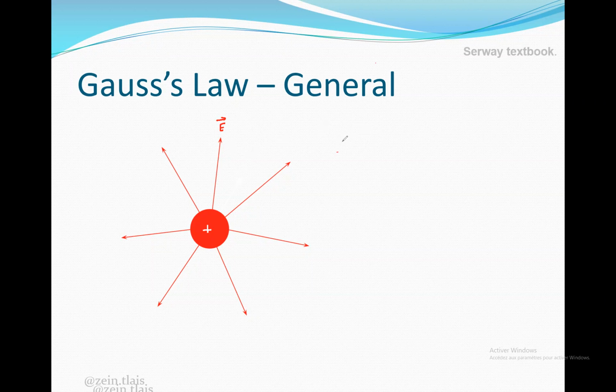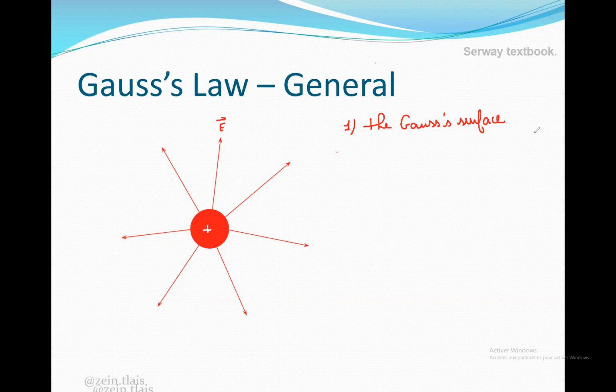First of all, in order to use Gauss's law, we have to choose the Gauss's surface. This surface depends on the shape of the object. Let me take this object as a sphere.